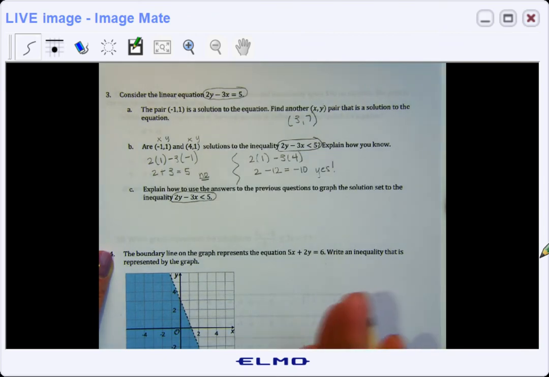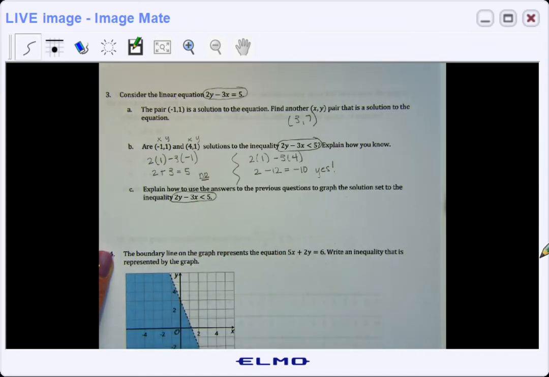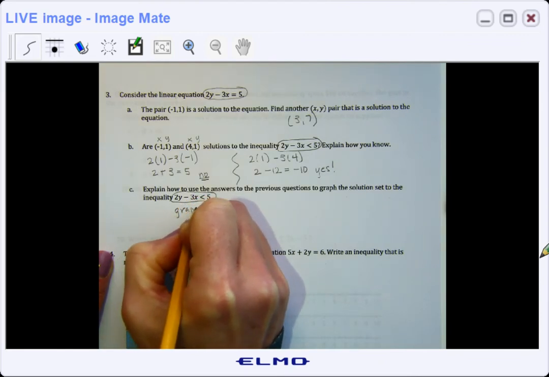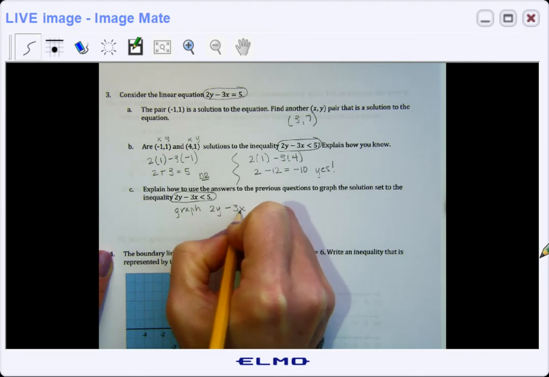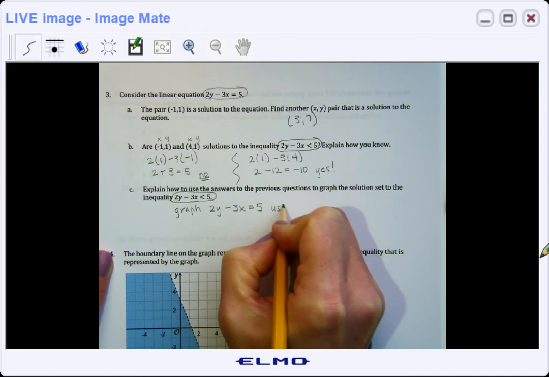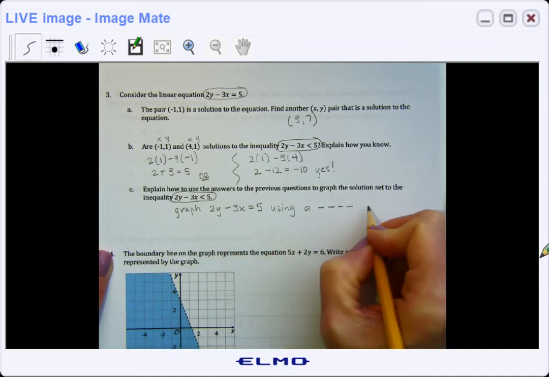Well, you would use a dotted line, or a dashed line, because it's just less than, not less than or equal to. So we would graph 2y minus 3x equals 5 using a dashed line.